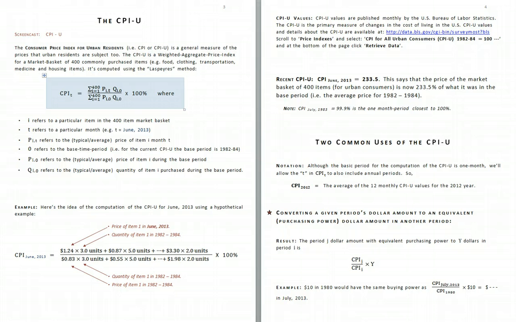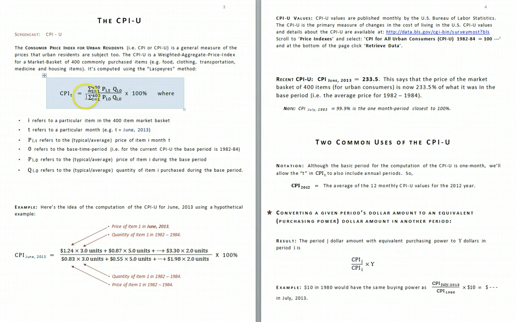Then, the average unit price of each item during the 1982-84 base period is identified. This price is Pi0, and it appears but once in the calculation. The denominator consists of a sum of the price of item i during the base period times the quantity of item i during the base period.